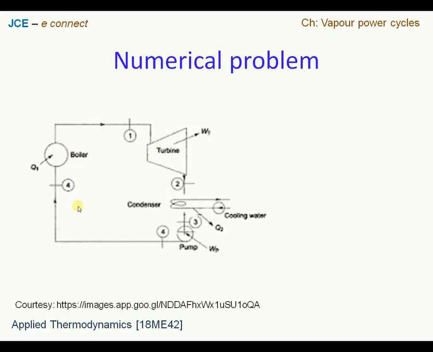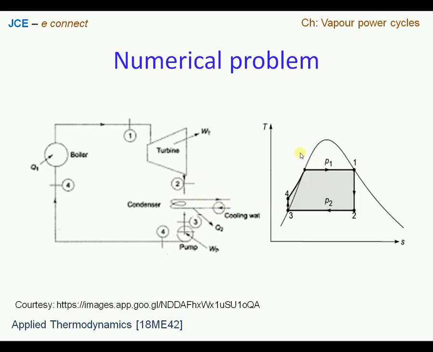So here we have a simple steam power plant with four components: a boiler, turbine, then condenser, followed by a pump. The corresponding TS plot is what we are looking at here, where 1 to 2 is the isentropic expansion process. Let us extend this line further so that it cuts the x-axis, and since it is isentropic, we can write S1 is equal to S2.